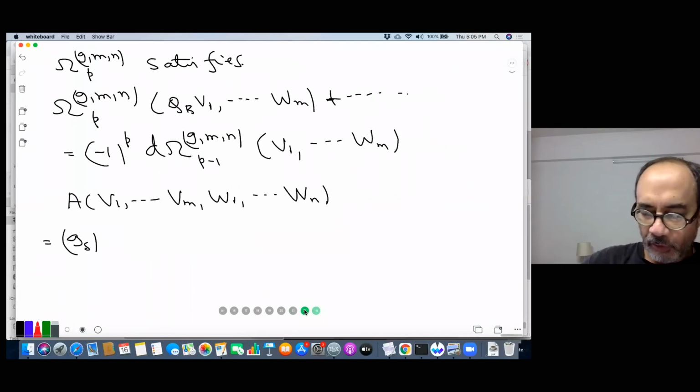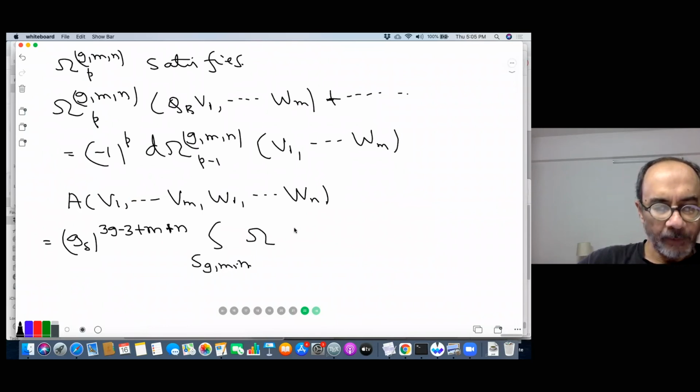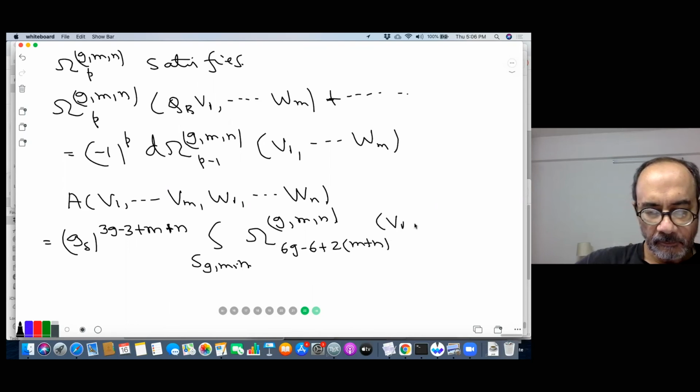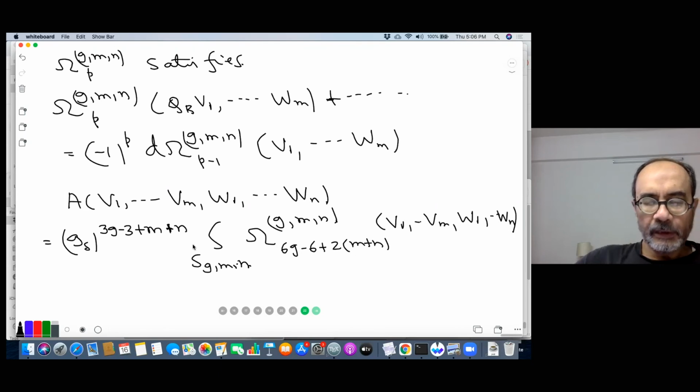Here you also have this gs factor, gs to the power 3g minus 3 plus m plus n, and then the integral over S GMN of omega GMN of dimension 6g minus 6. So this is exactly the same structure as in the case of bosonic string theory.